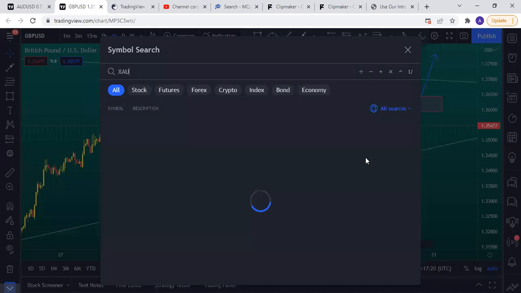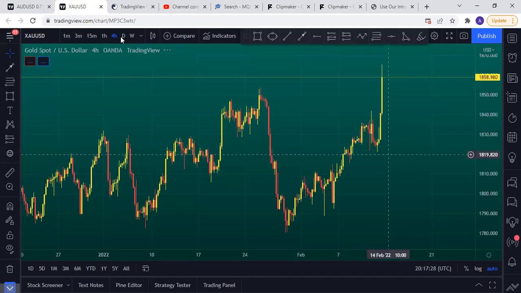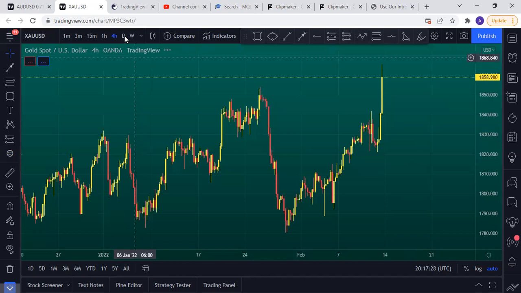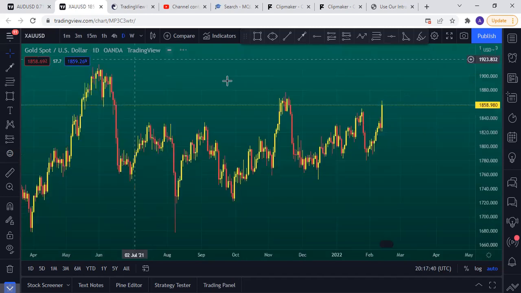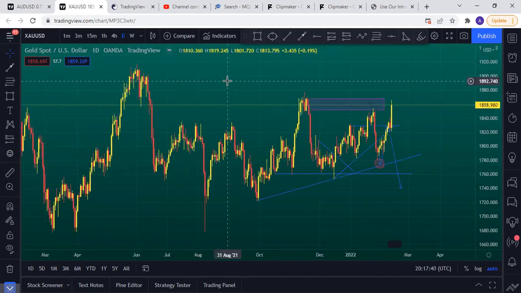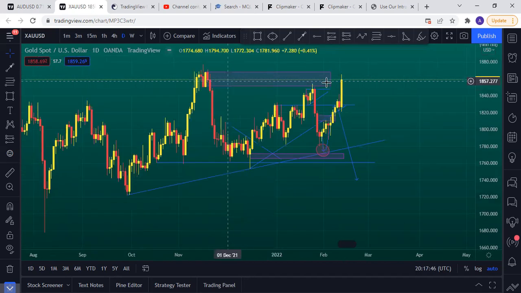So for the person that has been asking me about XAUUSD, let's see what XAUUSD looks like. Since we already have a bullish bias on the dollar index, I've seen price approach this strong order block.